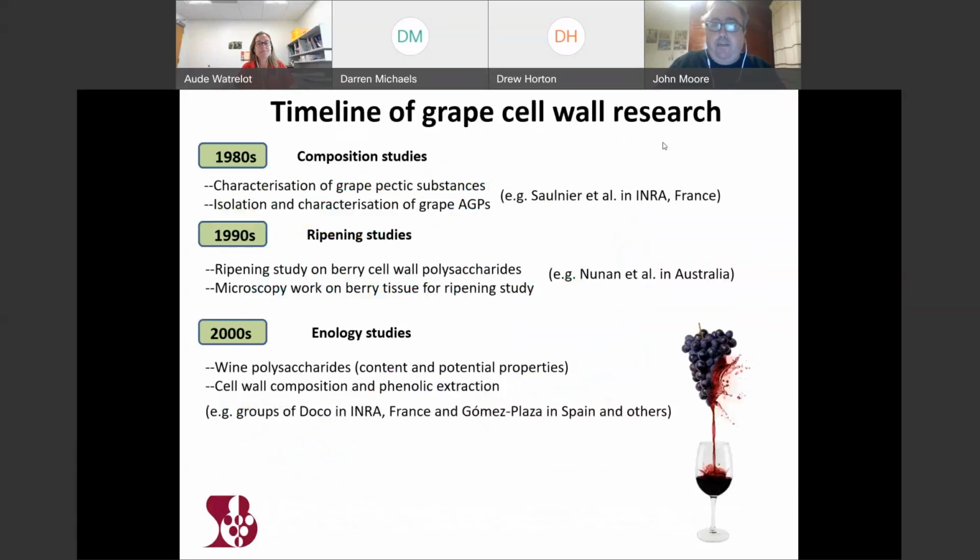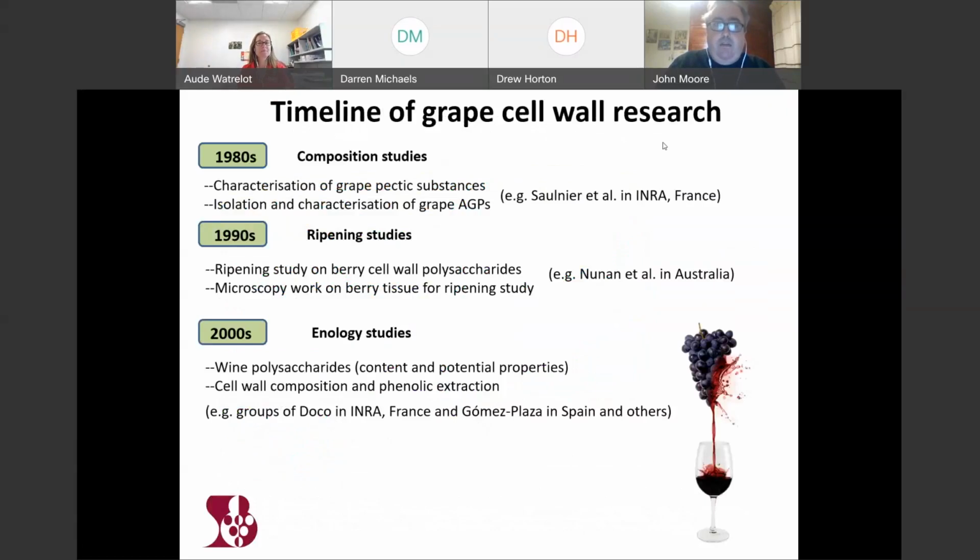So if you look at the timeline of grape cell wall research, the first real work on grape cell walls was done in the 1980s by Luc Saunière, who's now at Nantes, in France, but at the time was in Montpellier.